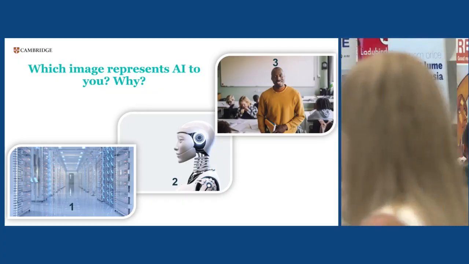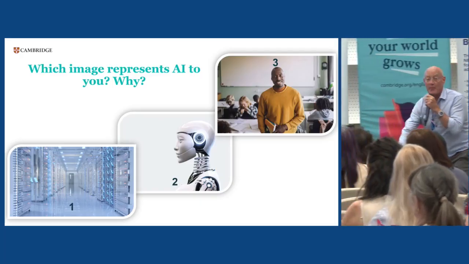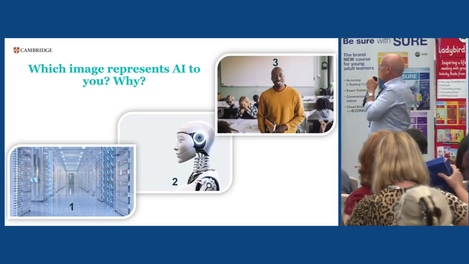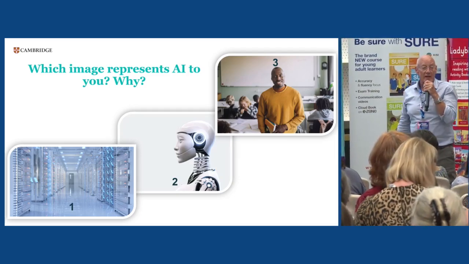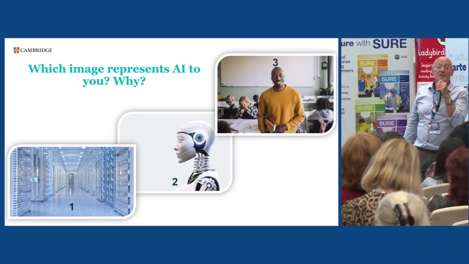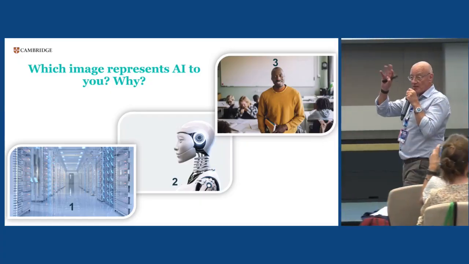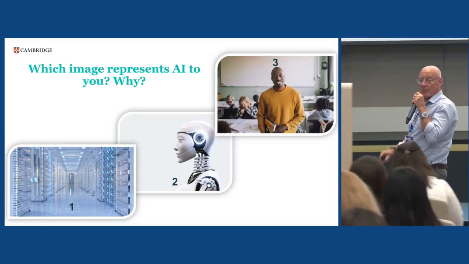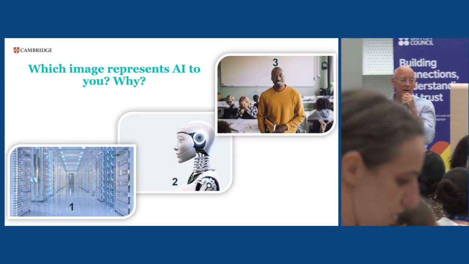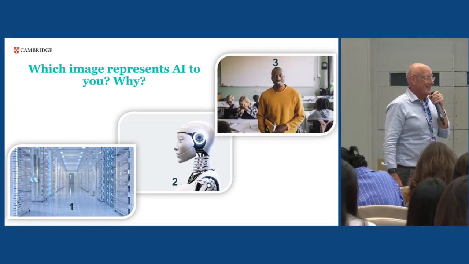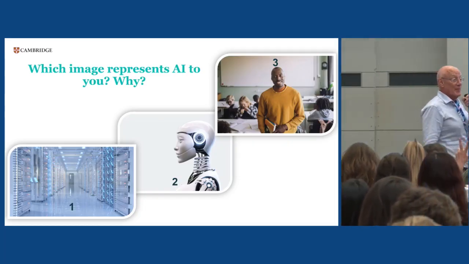It's a robot, like those carpet cleaners that you see sometimes going around. Or maybe it's the one on the right, which is some sort of assistant to what you're doing at the moment. So just take 5-10 seconds. What is AI to you? Is it 1, is it 2, or is it 3? Or is it all 3, maybe?